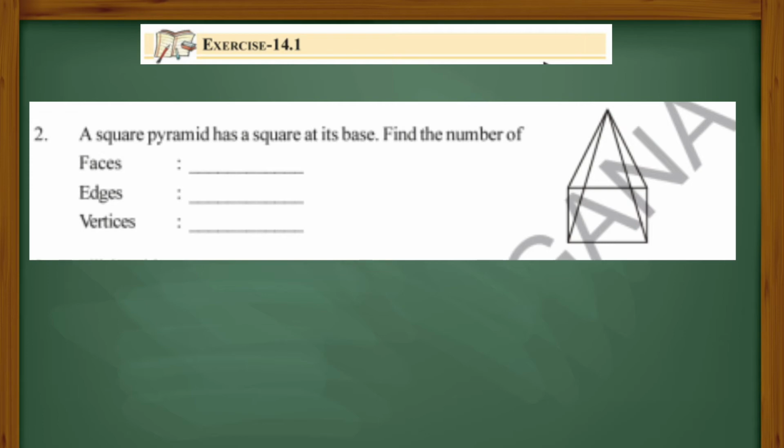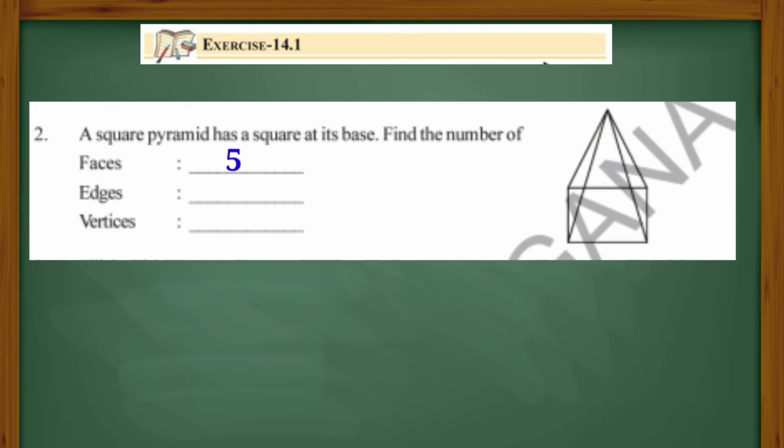See children, here the base is a square, so there should be 4 triangles for 4 sides. Total how many faces will be there? Yes, you are right. Total 5 faces will be there for a square pyramid. Now, what about edges?